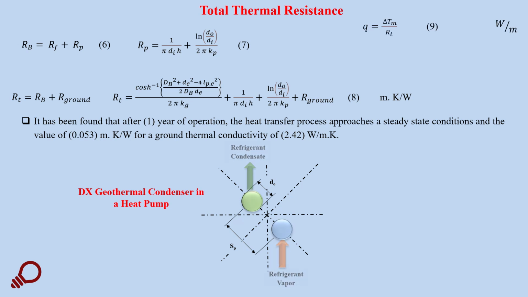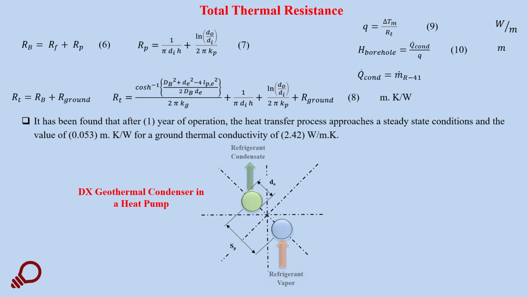Then the heat loading equals Q equals delta T mean divided by R total, in watt per meter. And then we may find the depth of the heat exchanger by dividing Q dot condenser by the heat loading, as shown in equation number 10, in the unit meter.